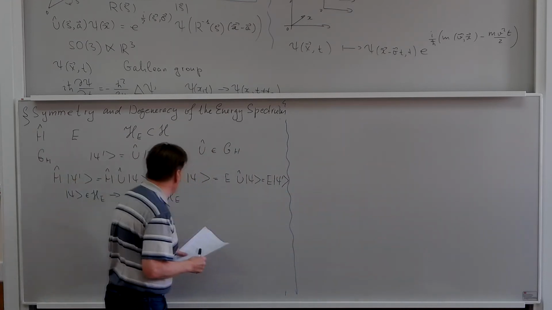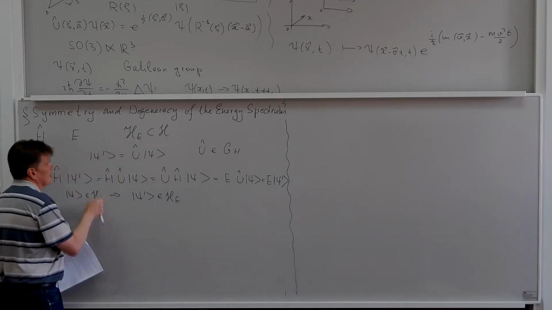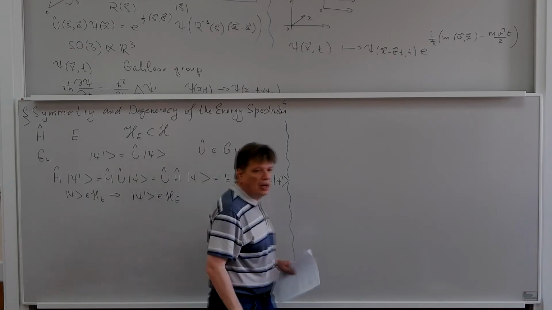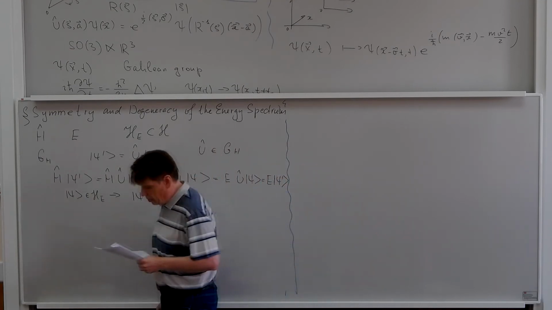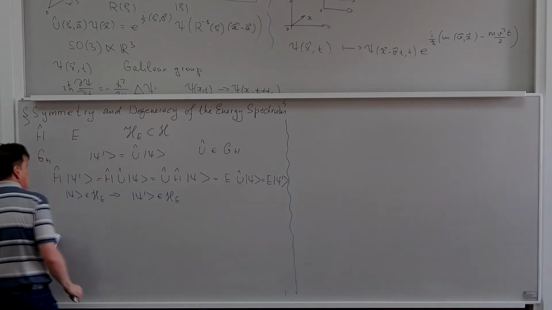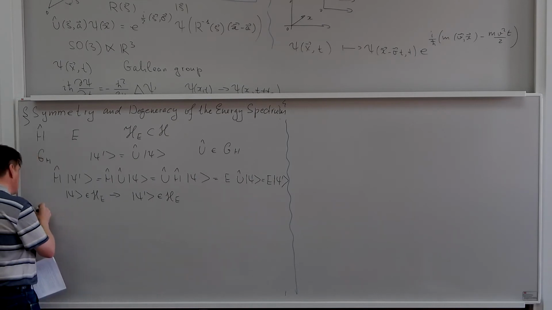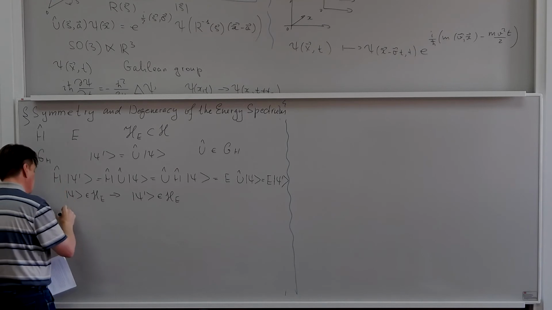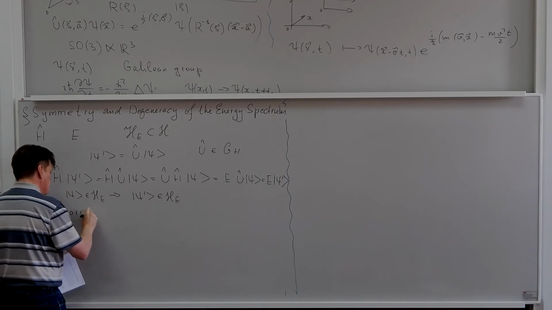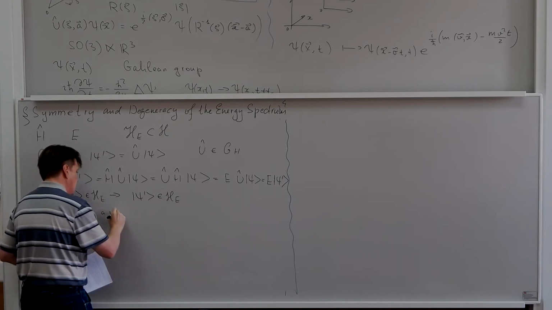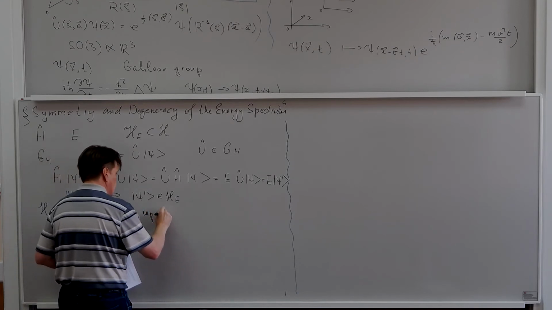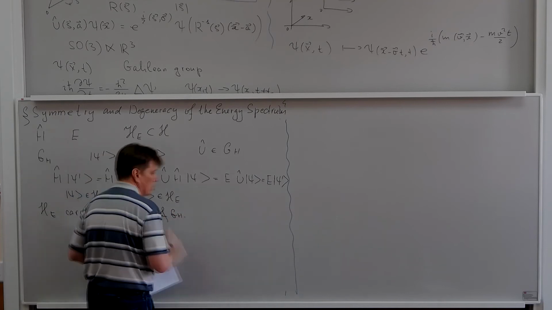In other words, we can say that the subspace H_E carries a unitary representation of the symmetry group G_H.